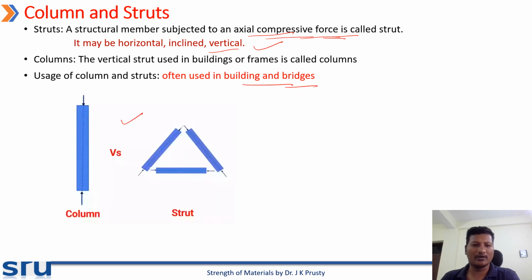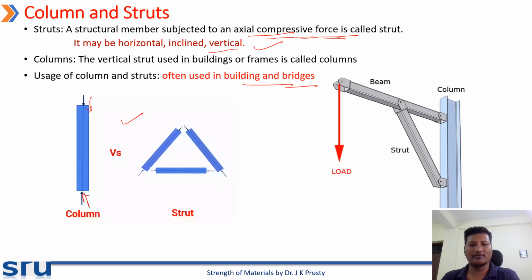So this is a column that is taking the compressive load. Struts may be inclined, diagonal, or horizontal. This vertical member is called your column. This horizontal member is the beam, and the member supporting this beam, connected between the beam and column, is often called a strut.